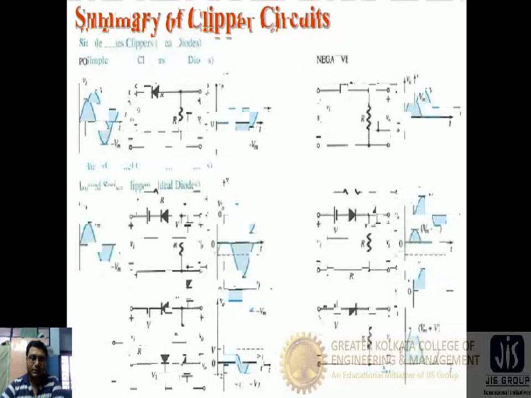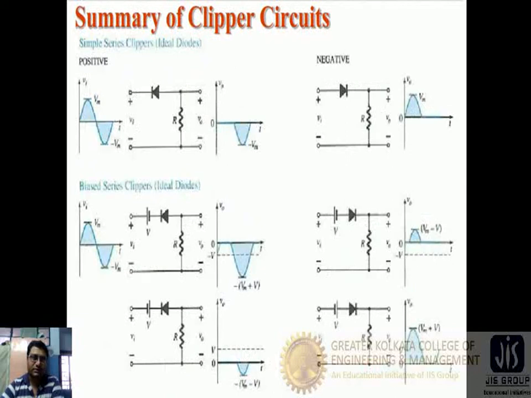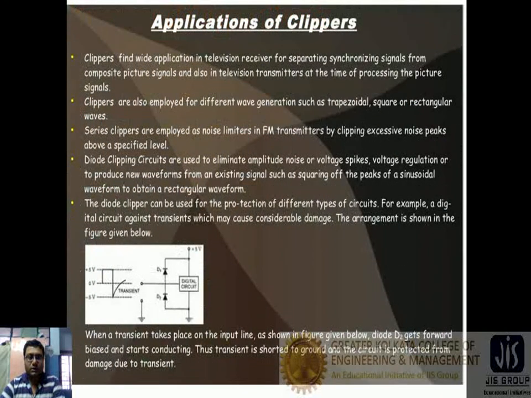They are parallel clippers, and these are series clippers. These two types of clipper circuits are mainly used to get our desired waveform, and we can shape the output as required from the input signal. So this is all about the clipper circuit.